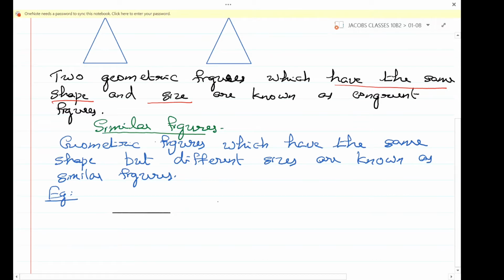So this is a line segment. I'm going to draw one more line segment. Look at these two. The shapes are the same. Shapes means line segment is a shape, but size are different. So these are similar figures.